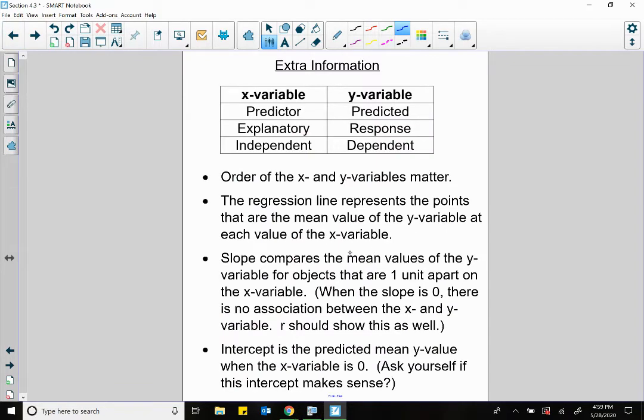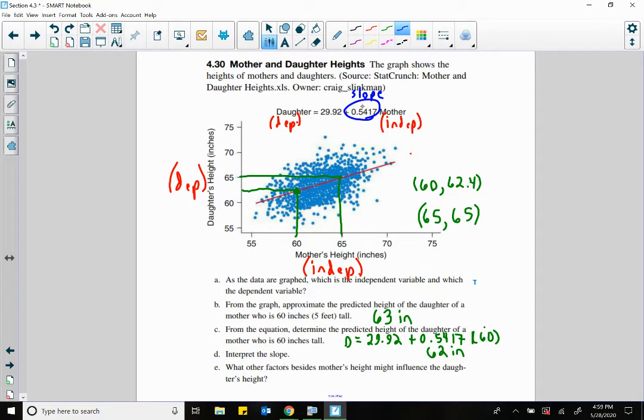The mean value, the average increase for every inch, is that. That's what the slope means. So up here, this is the average increase for every inch your mother grows. So that's the interpretation of the slope.